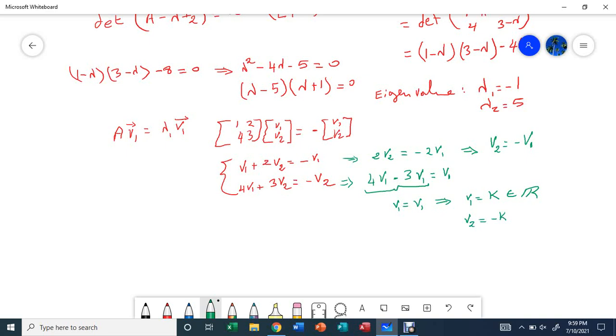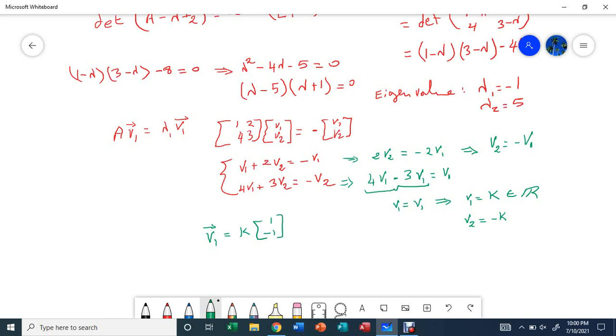So the corresponding eigenvector of lambda 1 equals -1 can be v1 equals k times (1, -1), or (-1, 1), it doesn't matter.